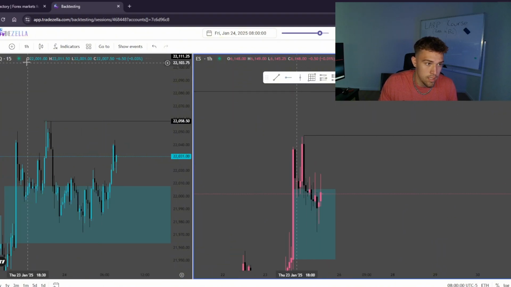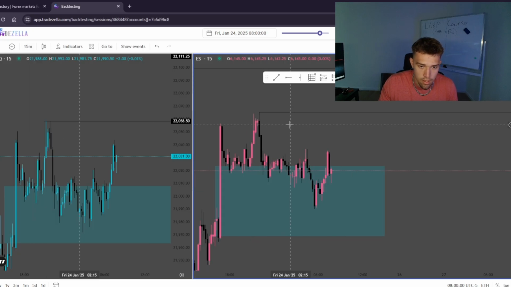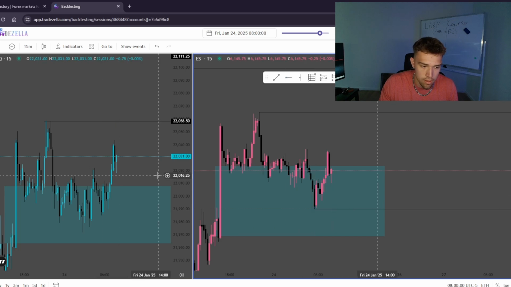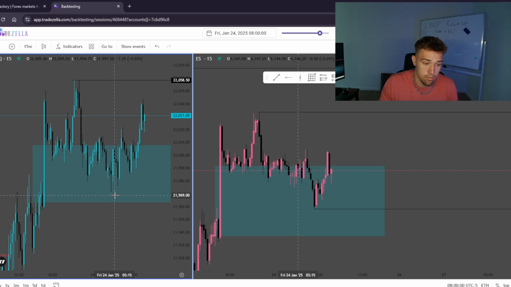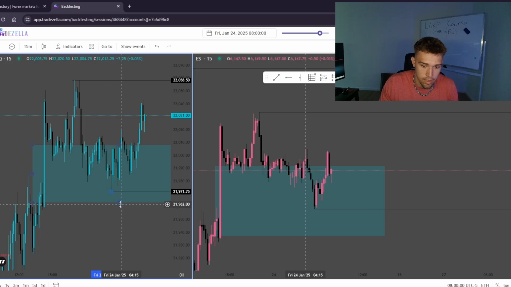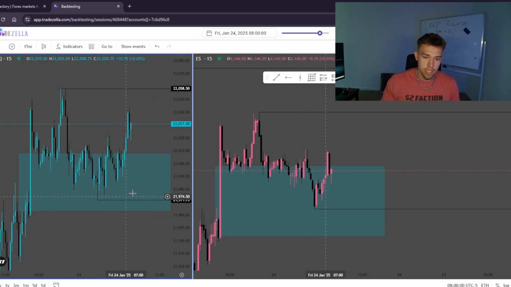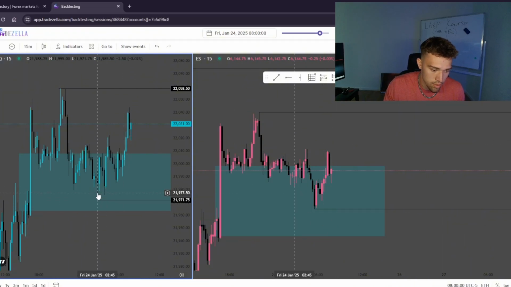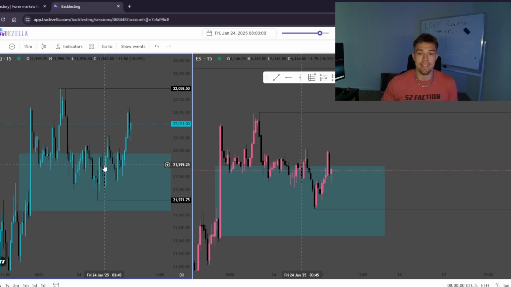Let's go down to the 15-minute time frame, see what's popping. London session has been swept on ES, but it has not been swept on NQ. London session, like the ICT kill zone, is from 2 to 5, pretty much.